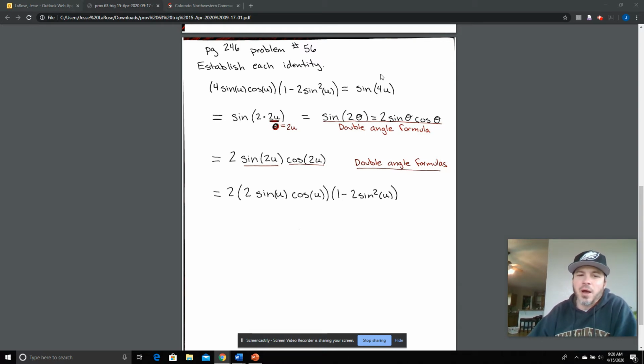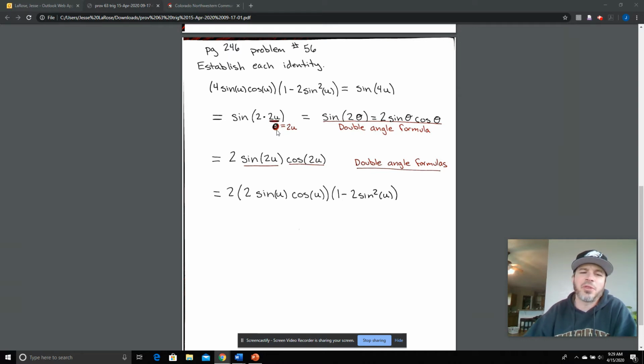I said, unlike before when we were verifying identities, now we just want to try to find the easiest route to make one side look like the other. So on this one, I see an opening right here because 2 times 2 is 4. So I see that this is a double angle formula in itself, okay? So what I want to do is think of this 4u as really 2 times 2u.